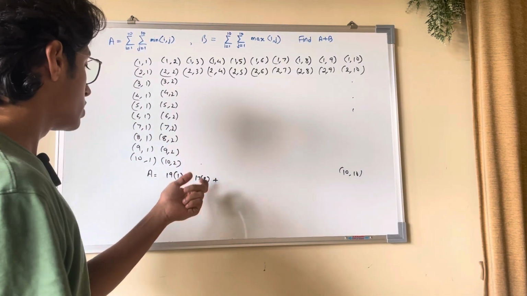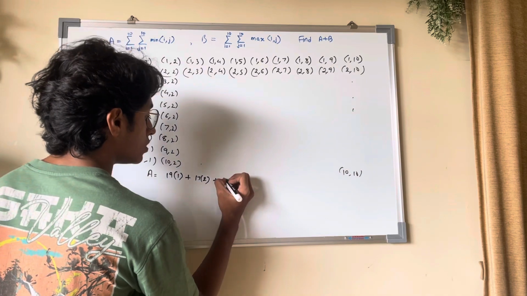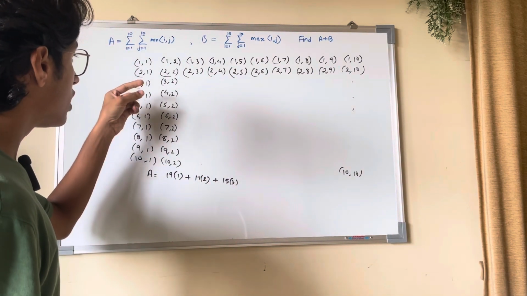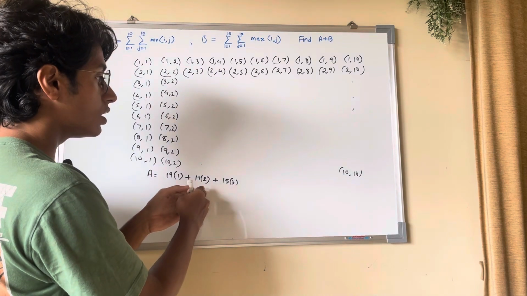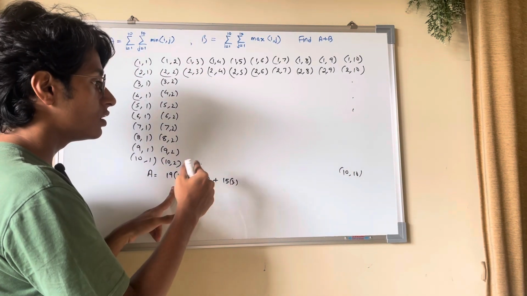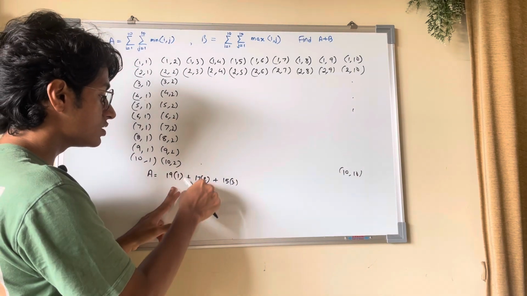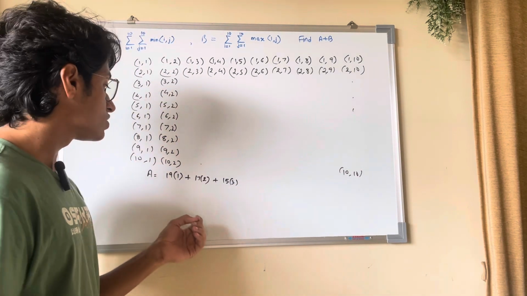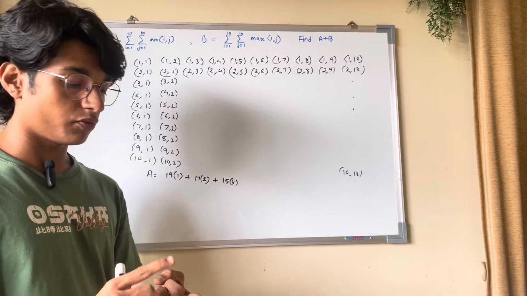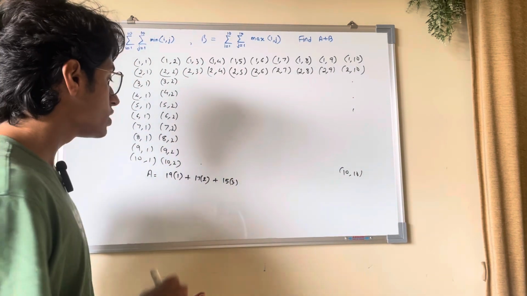The next term would be 15 times 3, because after checking every possible outcome for the minimum 1, and now the case where the minimum is 2, there is one row and one column less to count each time.